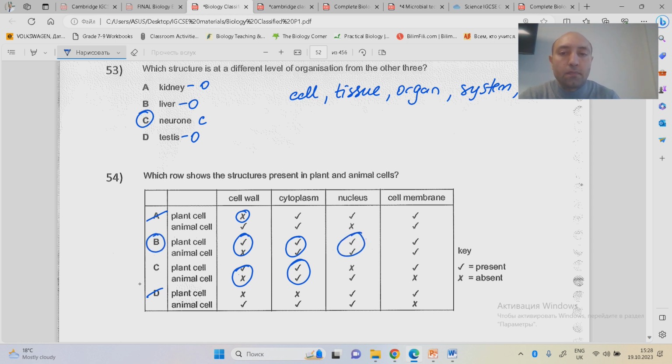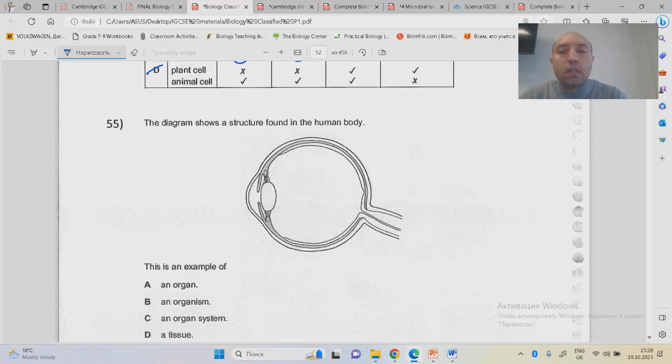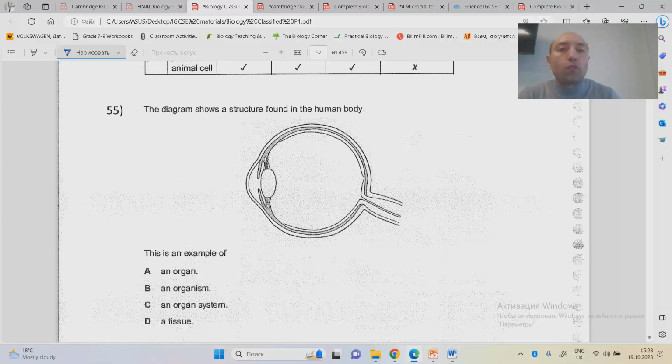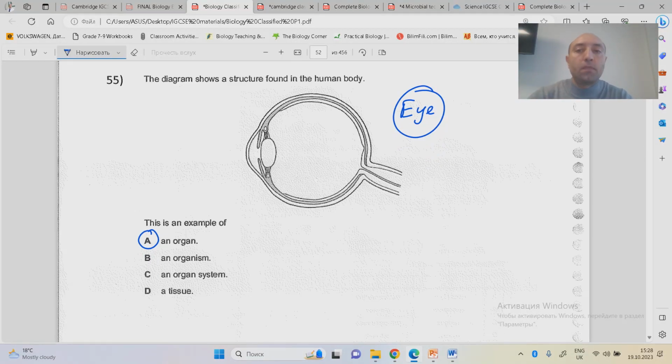Answer is B. And you know that cells with a nucleus are known as eukaryotic cell. 55. This is an example of course, in here you can see human eye, and eye is an organ. It is A, because it's made of different tissues.